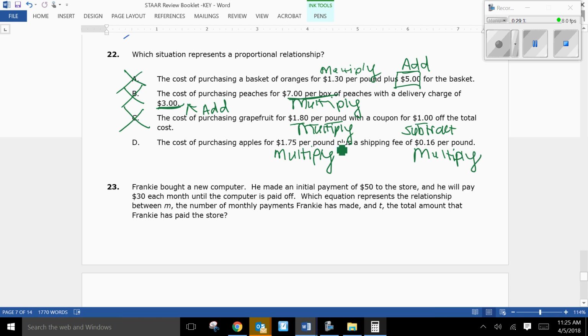So I have two multiplying relationships and it's with the same thing. Notice it's per pound. So really I'm doing $1.75 per pound and 16 cents per pound. It's going to increase by the same amount each time. So I really could add these together and say per pound for those. So D is my relationship because I'm only multiplying.